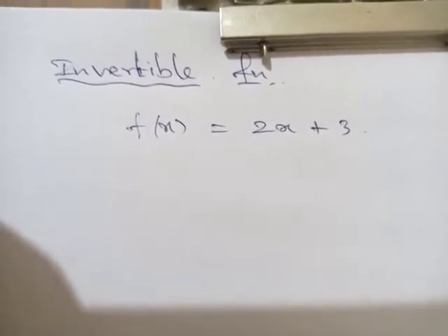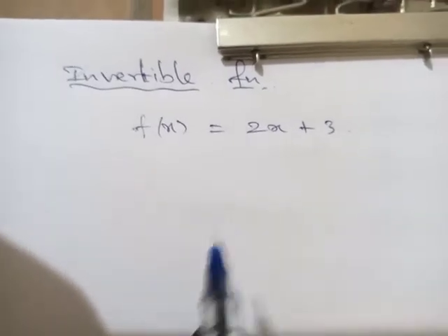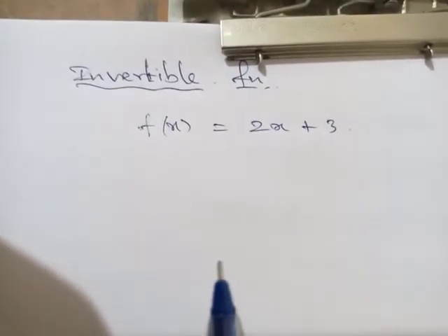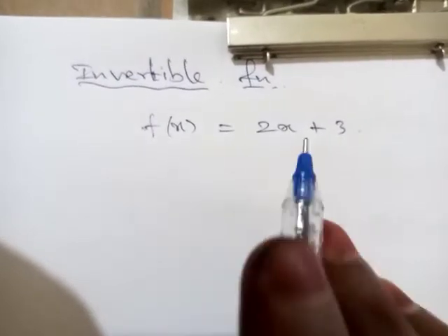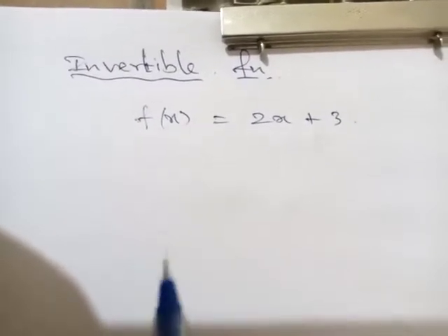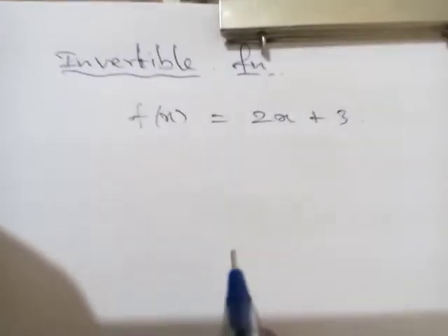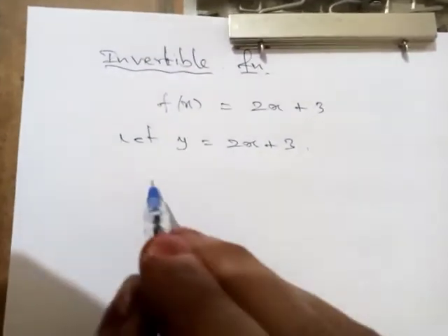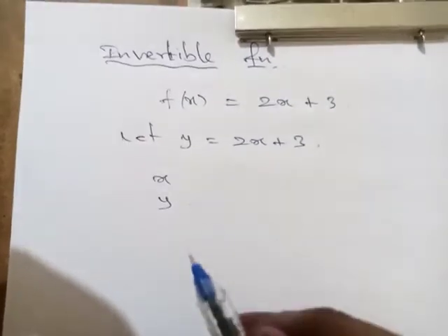Now, how do we find whether there is an inverse for this function or not? By using a graph, that will be easy. Let me take y equals 2x plus 3. Now I give values for x, so I will get y.